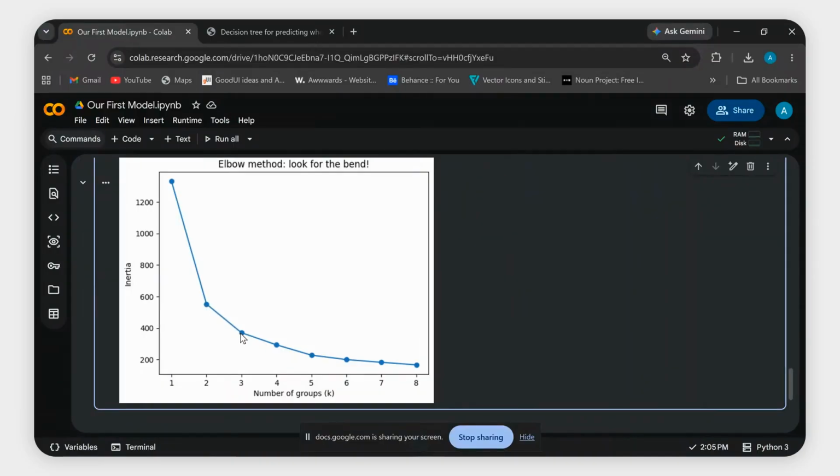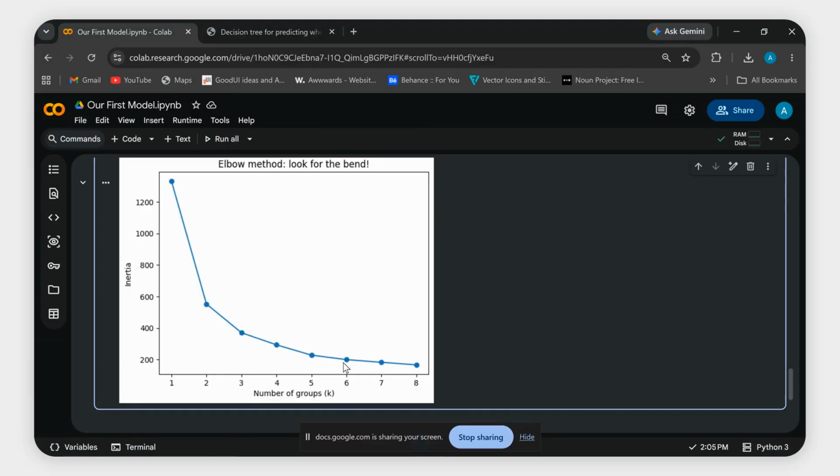From 2 to 3 it drops by about 450, and from 3 to 4 it drops by about 320, and then it keeps dropping. But look at the flat part from 4 to 5: the drop is only about 45. From 5 to 6 there's even less drop.